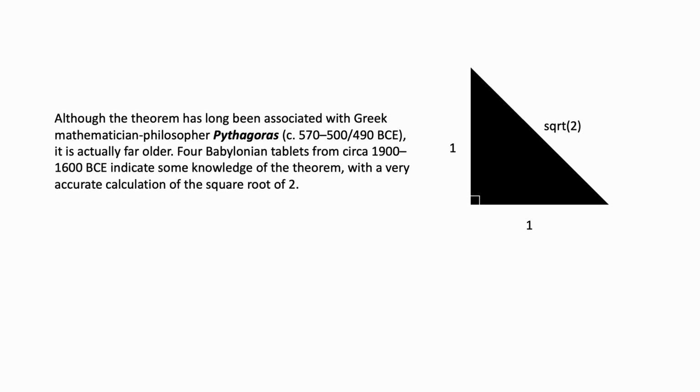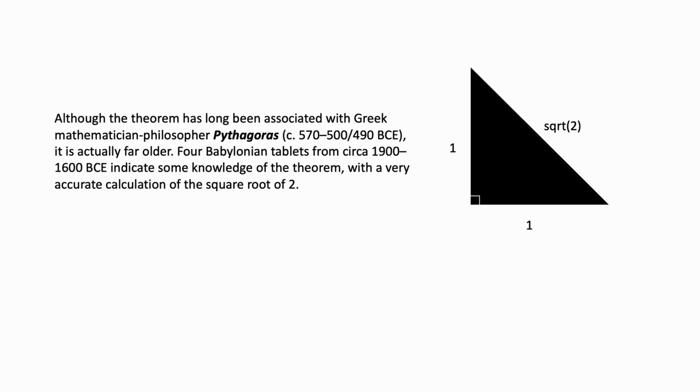And let's get into the history of the Pythagorean theorem. Although the theorem has long been associated with the great mathematician and philosopher Pythagoras, from 570 to 500-ish BCE, it is actually far older, believe it or not.